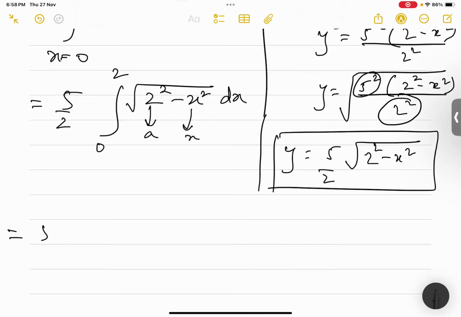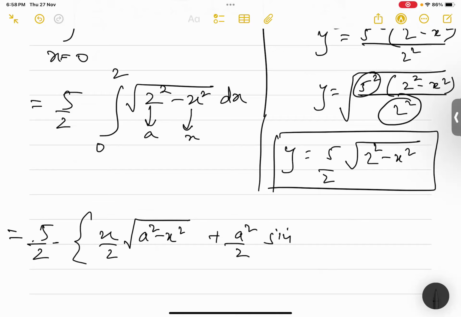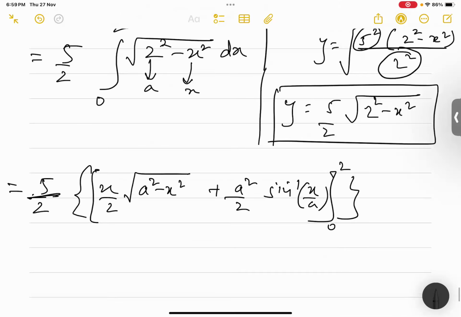Now 5 by 2 outside, put the formula: x by 2 root of a square minus x square, plus a square by 2 sine inverse x by a, in box bracket 0 to 2. 5 by 2 will remain outside, okay? 5 by 2 curly bracket, box minus box.